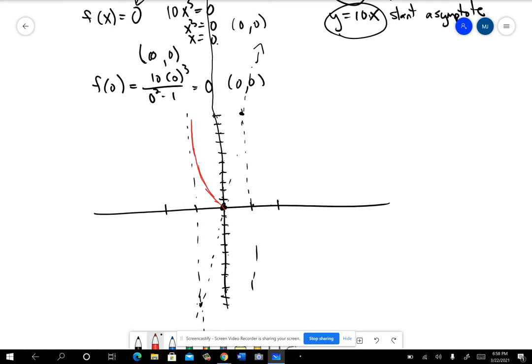The reason that's still decreasing is the slope values are getting more and more negative, which means that it's decreasing. So this is less and less positive, which is decreasing, and then more and more negative, which is decreasing.